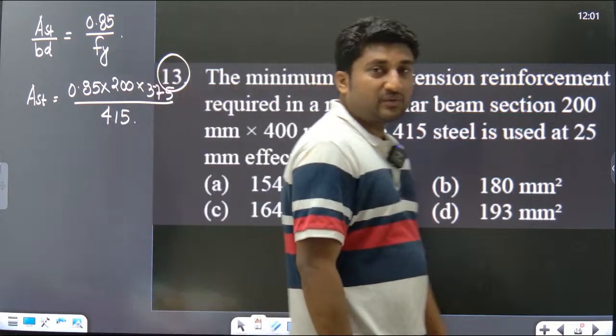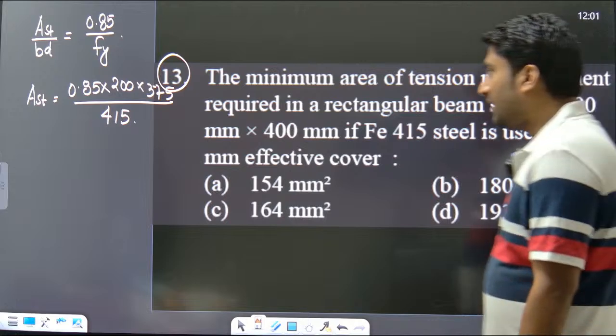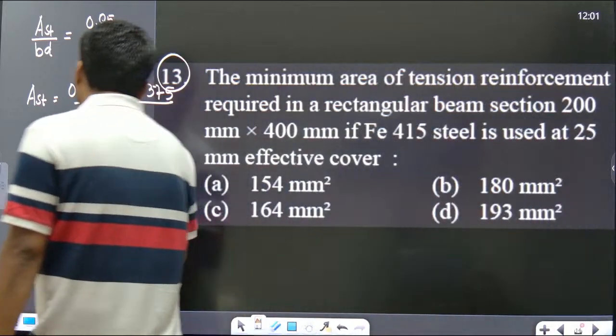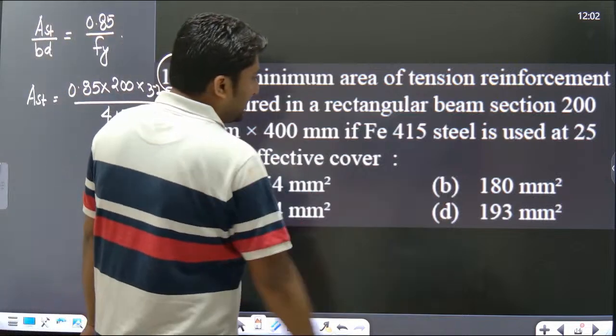Now you need to solve this question without calculator. Will you be able to solve it? You need to apply logic. The options here are also nearby.